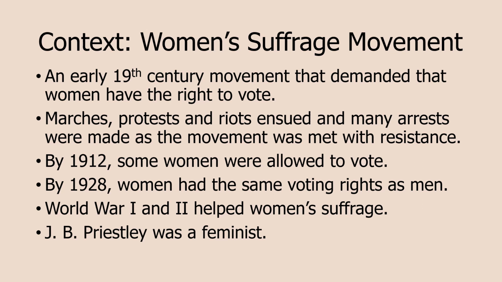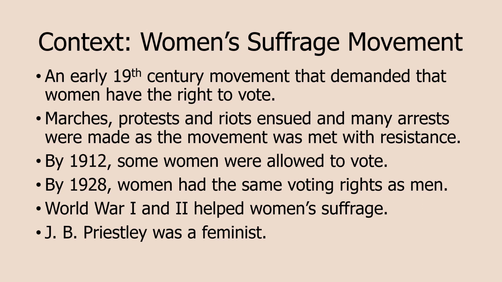And the reason they were arrested and the reason that marches and protests and riots were used is that this movement was met with resistance, predominantly by men, but sometimes by women also, who were against the idea that their fellow women should have more rights and more influence in society. But due to the persistence of the women involved in the suffrage movement, by 1912 some women were allowed to vote.